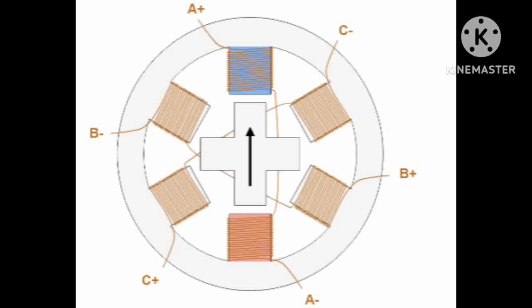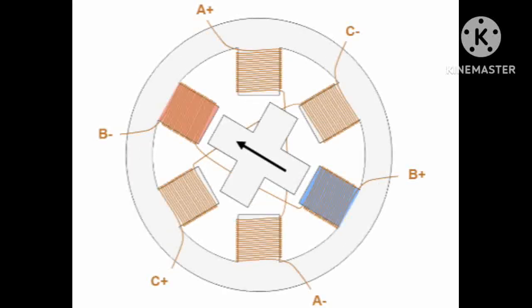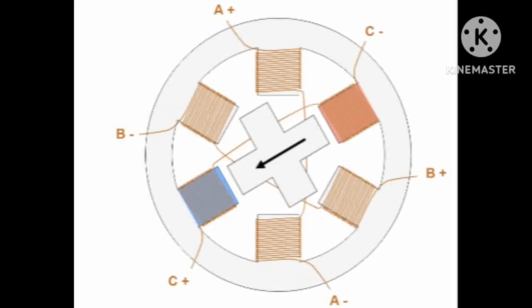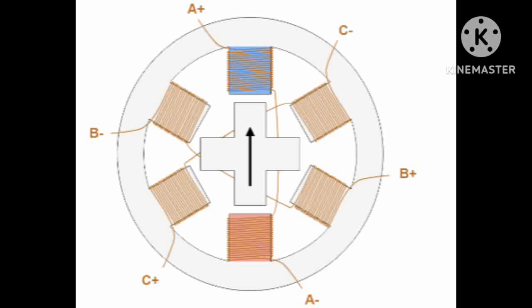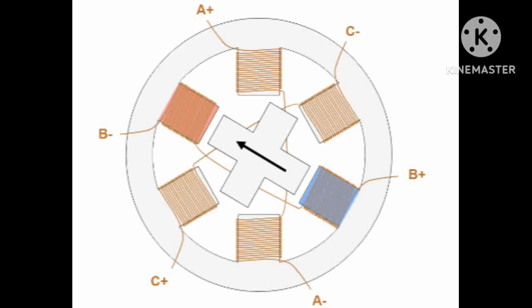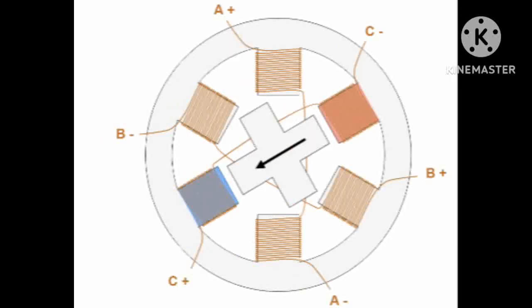That means reluctance is directly proportional to the air gap. If there is any non-uniform gap between the stator and rotor, this reluctance torque is created.